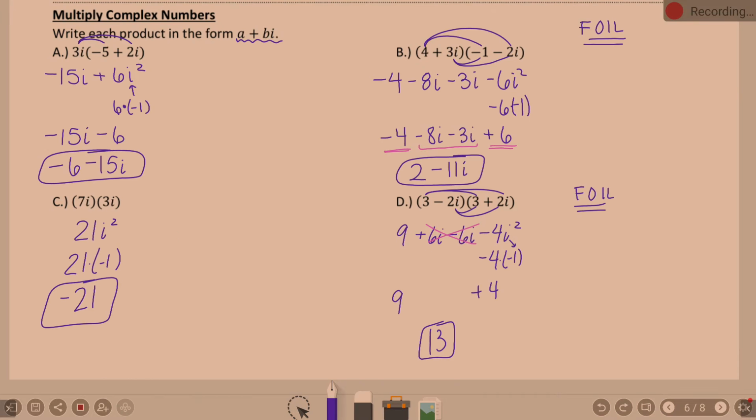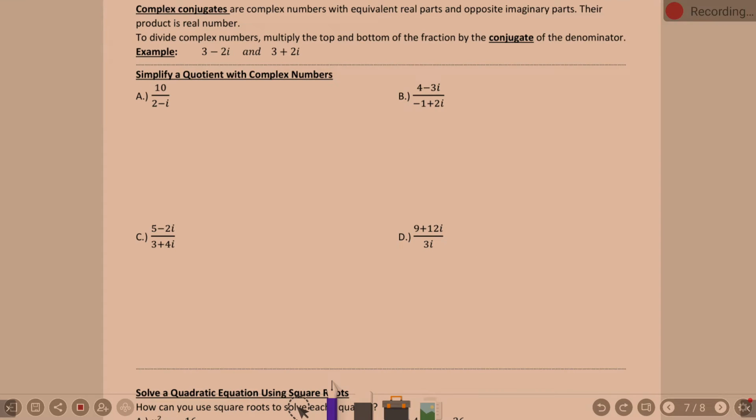So the very last example here, we multiplied conjugates. And they're conjugates because they have the same pieces, but they have opposite signs there. Complex conjugates, because we're talking about complex numbers, are complex numbers with the same real parts and opposite imaginary parts.